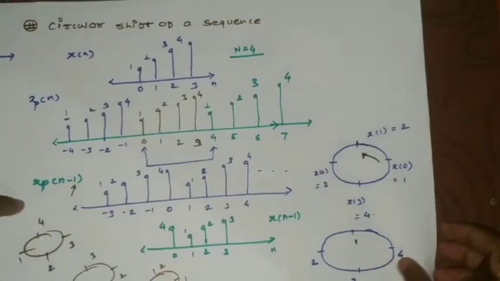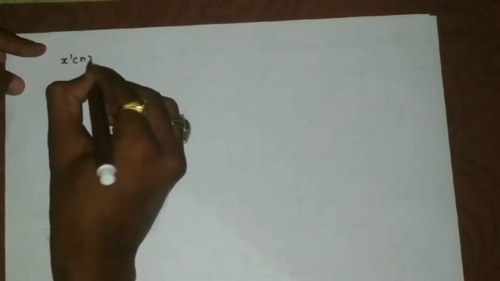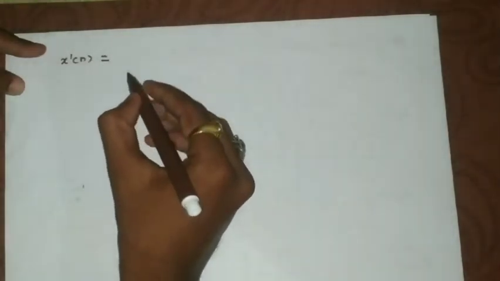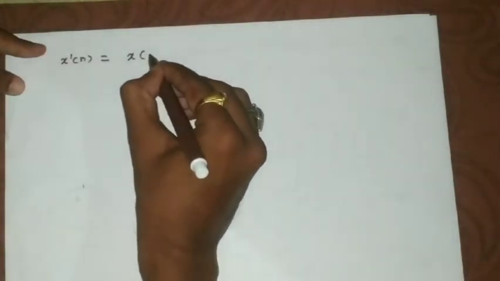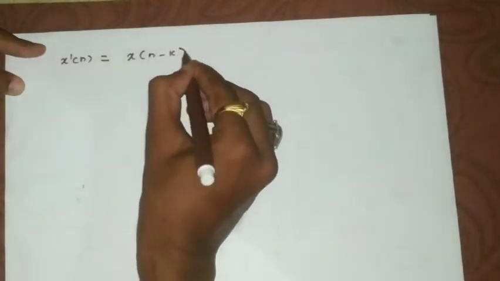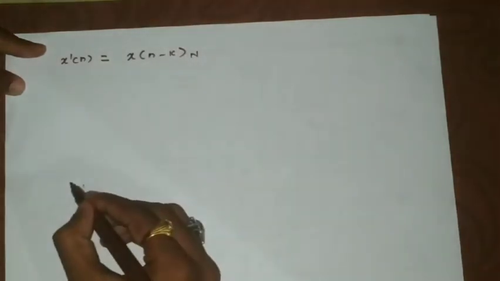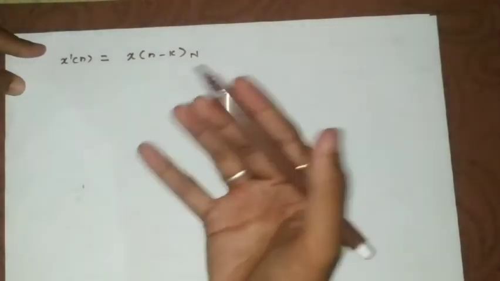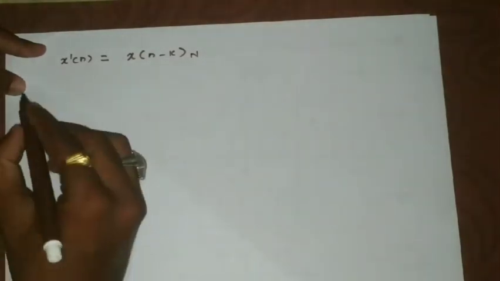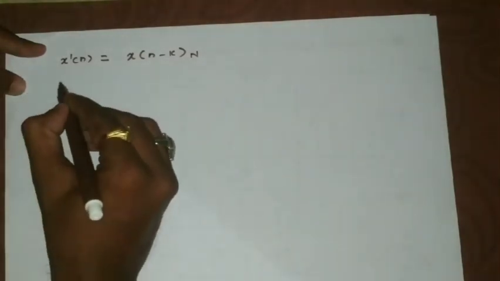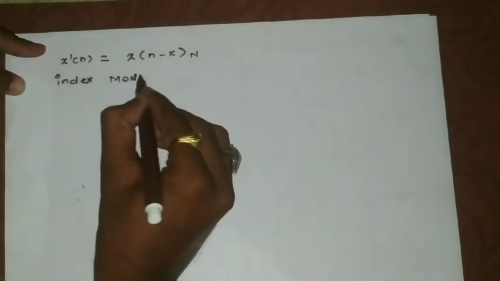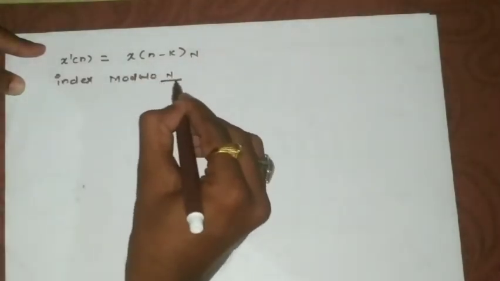Now circular shift of a sequence is written as x dash of n is equal to x of n minus k to the base n, where we can simply call this as index modulo n or modulo n.